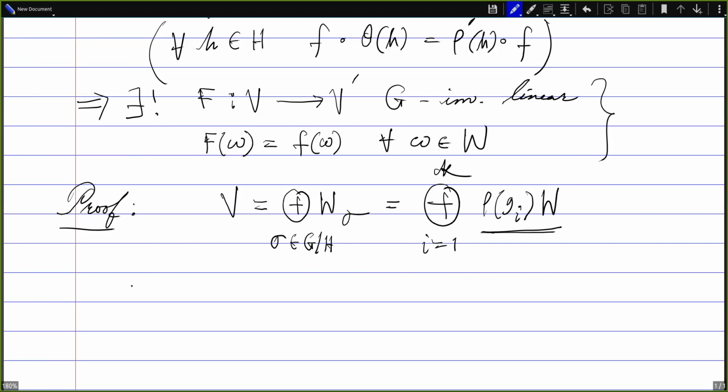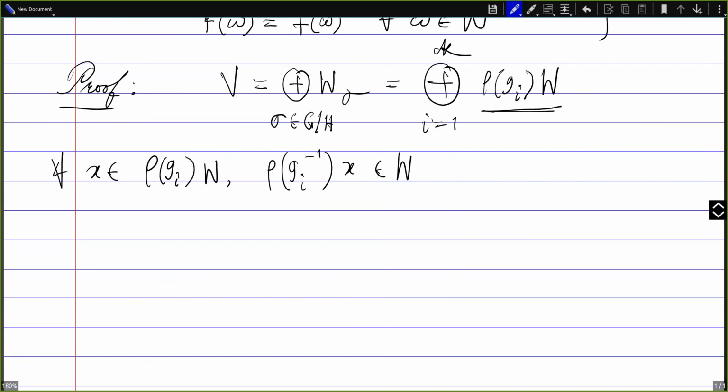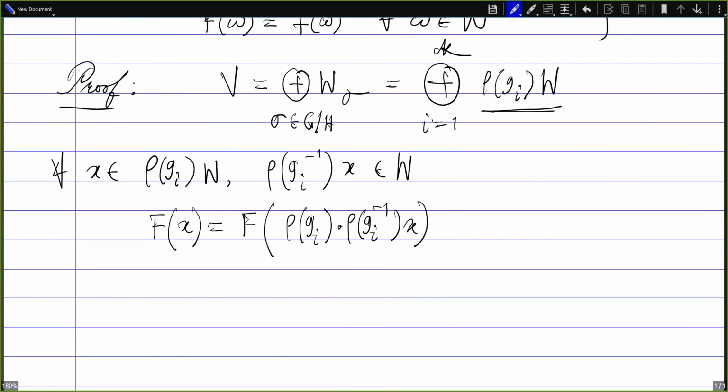What does that show? If you take any typical term g_i, and any x belonging here, you see that rho(g_i) inverse x belongs to W. Since this belongs to W, we can write f of x as f of rho(g_i) composed with rho(g_i) inverse x.